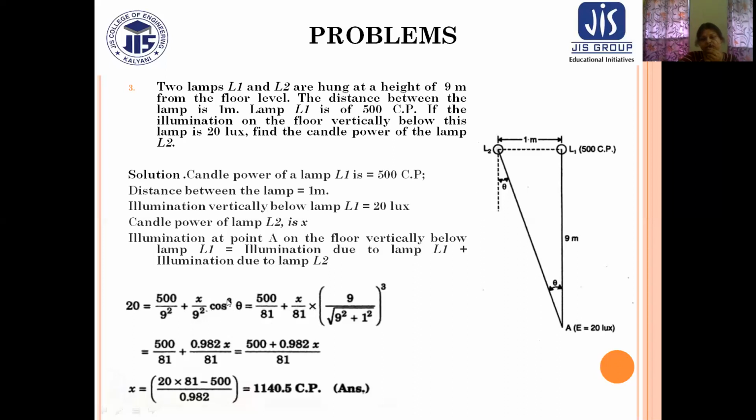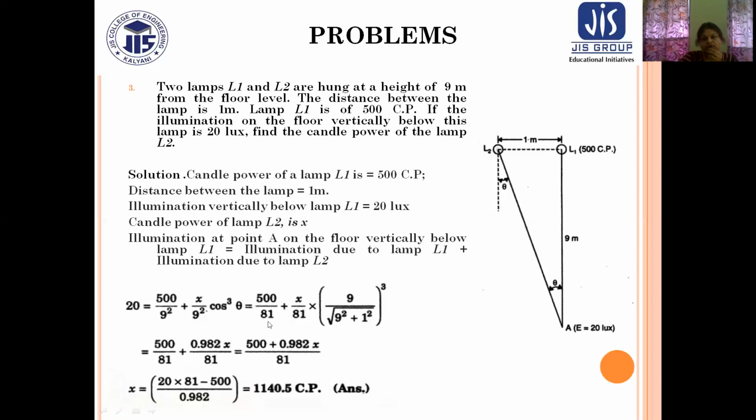So we have to find out the value of cos theta first. If this angle is theta, then this angle also theta, right? Now alternate angle. Now what is the value of cos theta? Cos theta is 9 by root under 9 square plus 1 square, right?